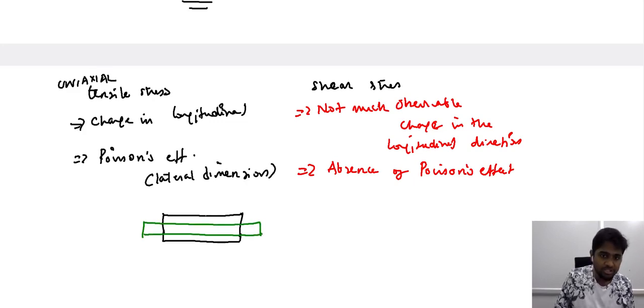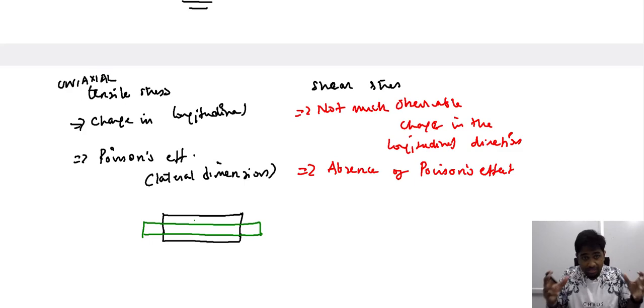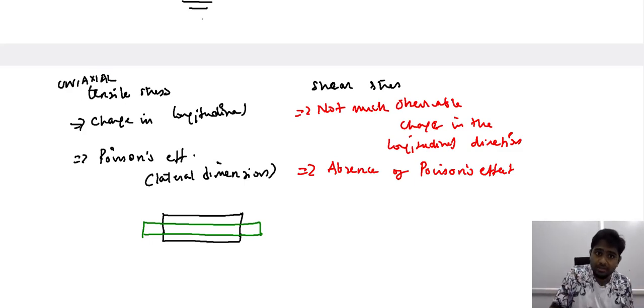The black one is before uniaxial tensile loading and the green one is after. There is a change in the dimension both along the lateral and the longitudinal direction, but despite this change, what has not changed is the form or the shape of the sample. When you consider its corners, you find that the angles have not changed.